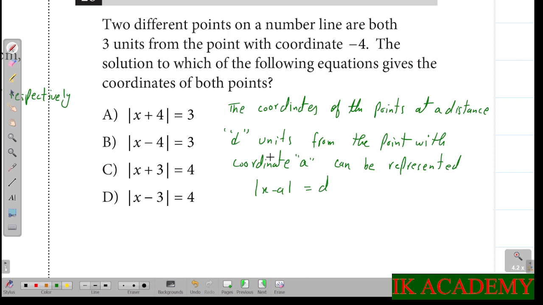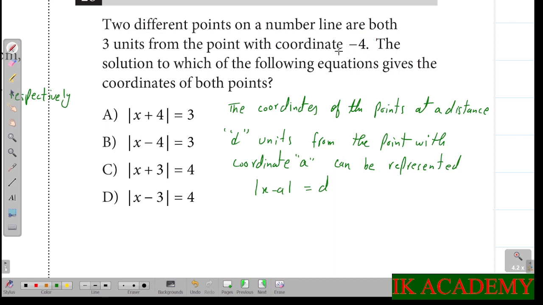What I'm saying is that if we want to find the distance from a fixed point x to a, whatever we want to find the distance will always be positive, and we can present the distance in the absolute value, so always it will give us the positive value. So here is the units from the point with coordinates.